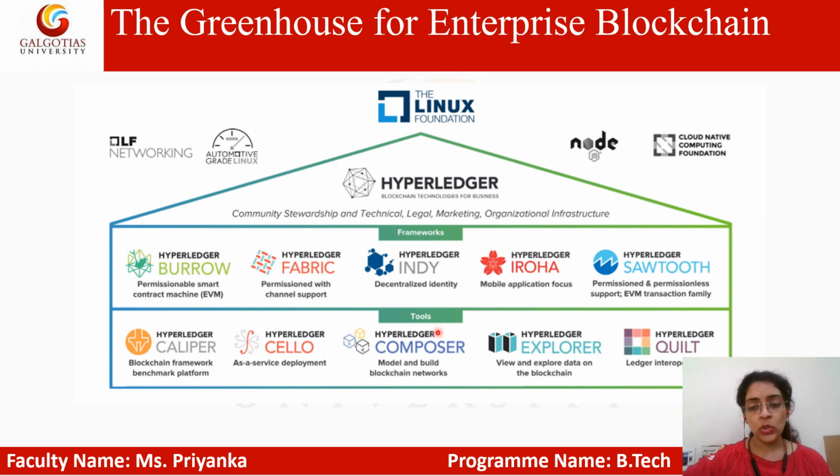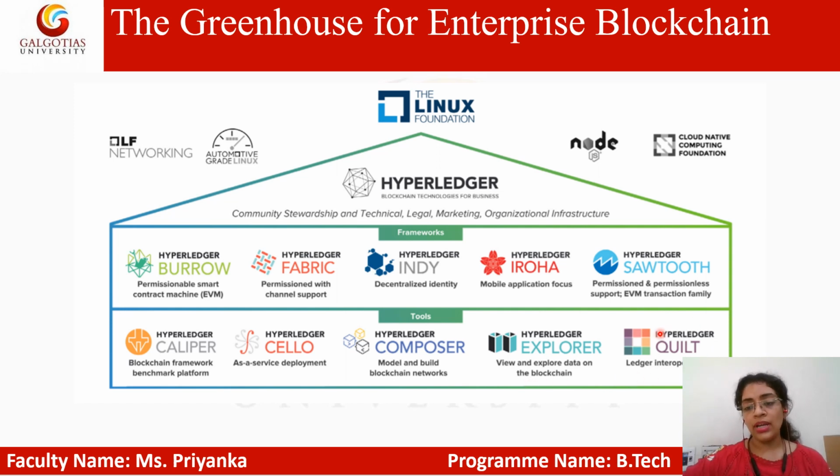Now, you can use tools for any kind of functionality. For example, you can use Hyperledger Caliper, which is a benchmarking tool, just to evaluate the performance. Hyperledger Cello is for as-a-service deployment. Composer has now been omitted; earlier it was there, just to model and build the blockchain network. Then there is Hyperledger Explorer, where you can view and explore the data on the blockchain.